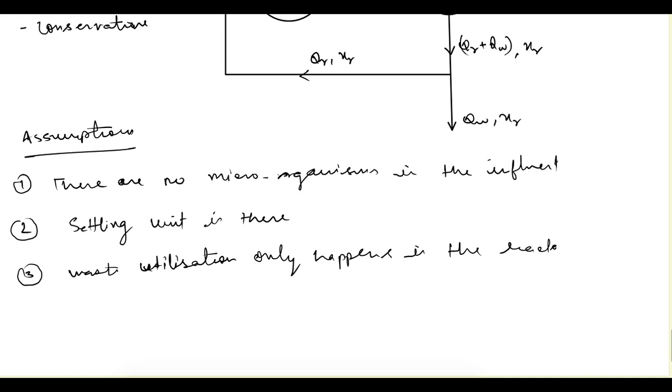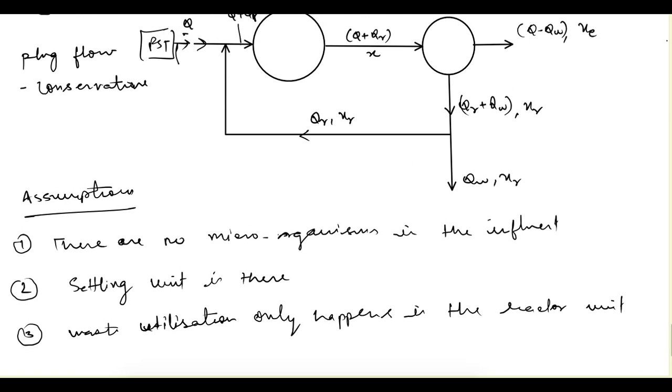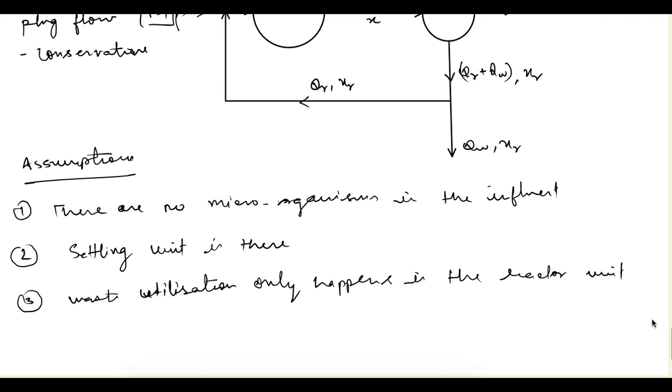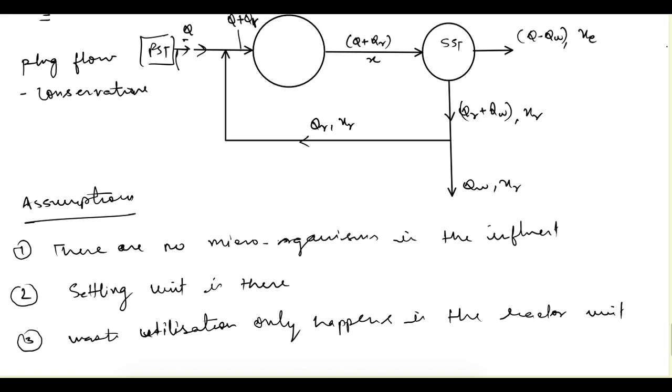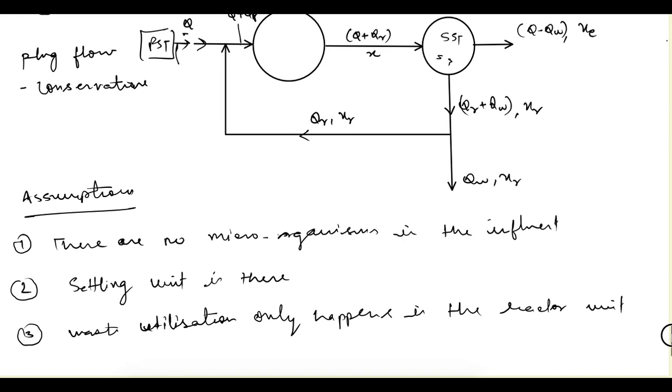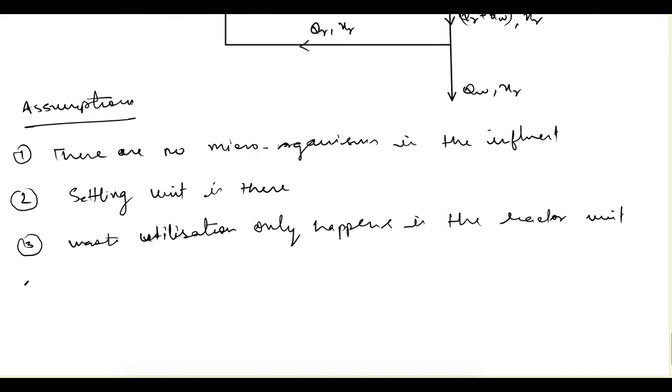So the microorganism will only use the waste as a food only in this aeration tank, not in this secondary sedimentation tank. Here also some activity will be going on, and some of the organic matter will be stabilized, but we are neglecting that. So that also gives us the conservative result, so there is no problem with that.